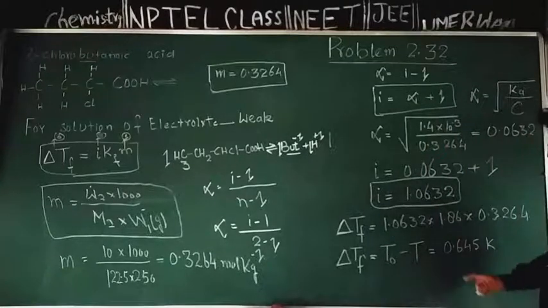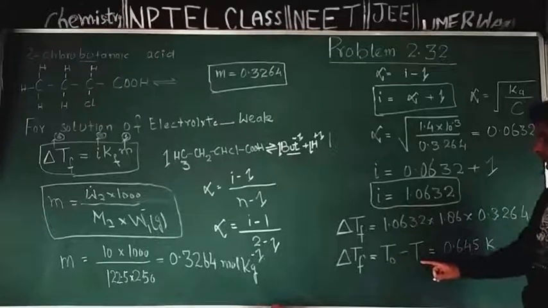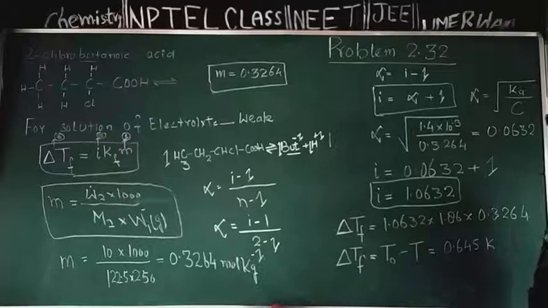Now look again here, on the Kelvin scale the difference in freezing point of pure solvent and solution is 0.645 Kelvin. On the Celsius scale it will again be equal to 0.645, but not in Kelvin, in degree Celsius.